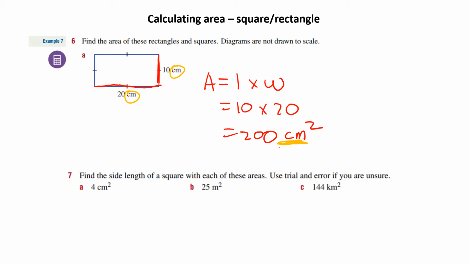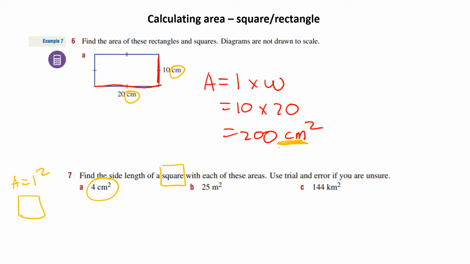Okay, if you look at this next one, find the side length of the square. The key word in this one is square. The point with a question like this is, if it's a square, the area equals length times length, so length squared. What I'm trying to look for is what number I can multiply by itself to get 4.